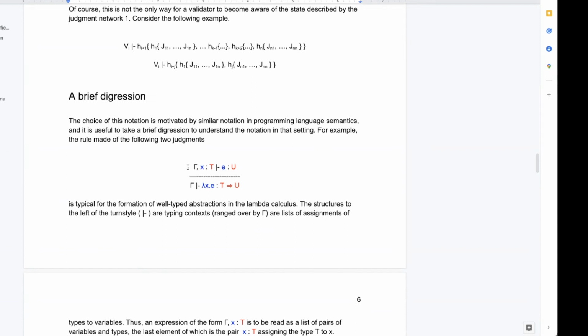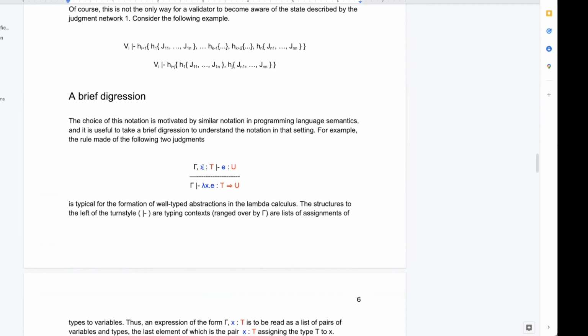So inside gamma, you'll find some other variables and types. There's some prefix, which is a list of variables and their types, and the last element in the list is the pair x, t, and the idea is that we're making an assumption that x is given type t.